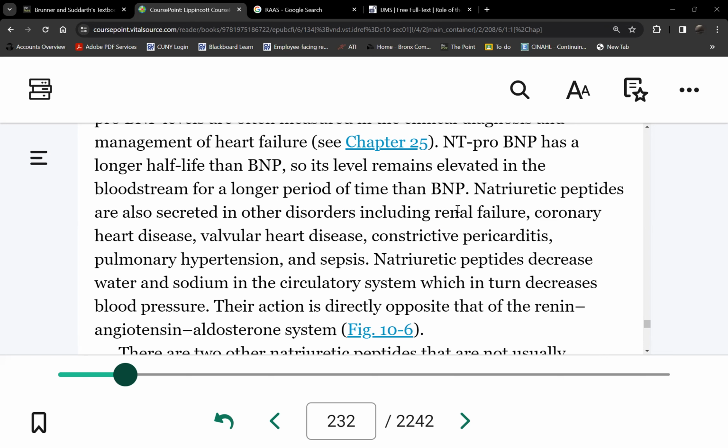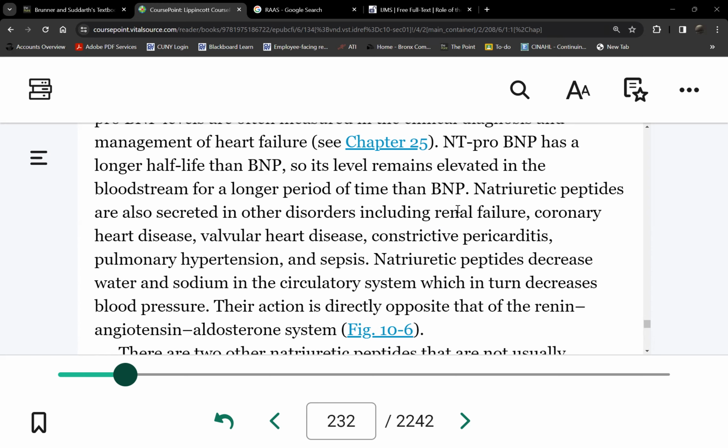Yes. In fact, this is the sole diagnostic test, laboratory-wise, that we use for both diagnosing heart failure and also evaluating response to therapy. Let's say, are we treating the heart failure enough? All based on BNP.